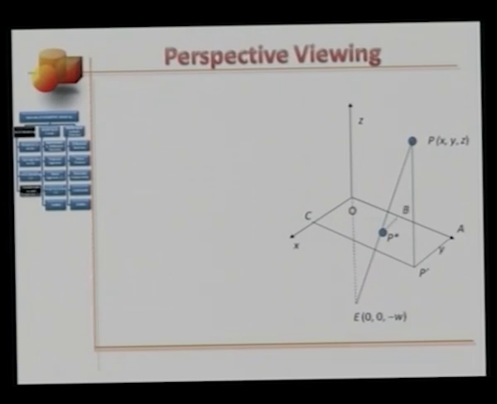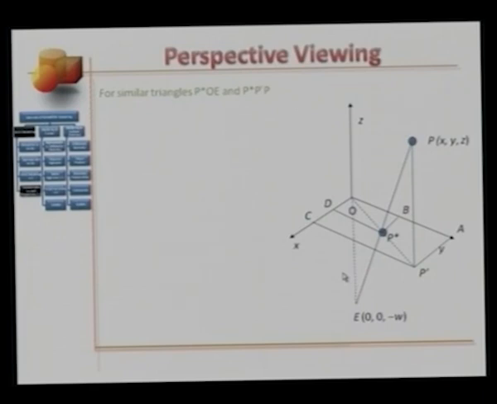Let's continue with the construction. We draw two projectors along or parallel to the x and the y axes, and we nomenclate the intersecting points P prime and D. Next, we join the points O, P star, and P prime. It is the construction process that would make these 3 points collinear.